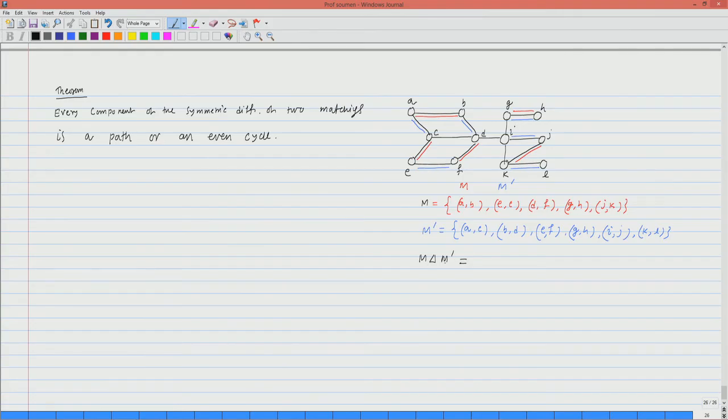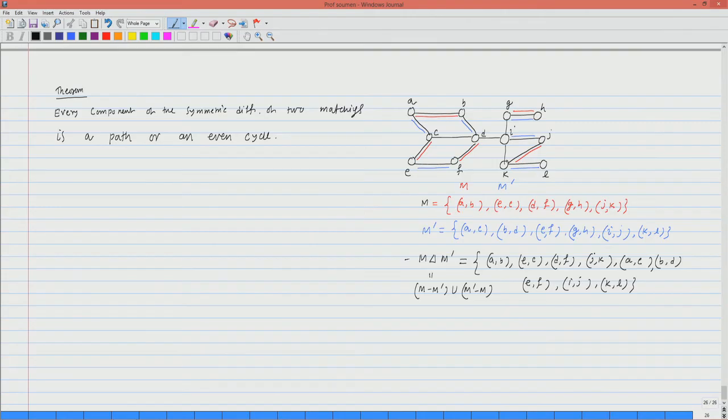So, M symmetric difference M prime will consist of AB, EC, DF, not GH, because this minus this will cancel GH, JK, and similarly here also when you compute M prime minus M, because symmetric difference means it is M minus M prime union M prime minus M. So, when you compute M prime minus M, only GH will cancel out, all the other edges will be there. So, this is AC, BD, EF, not GH, IJ, and KL.